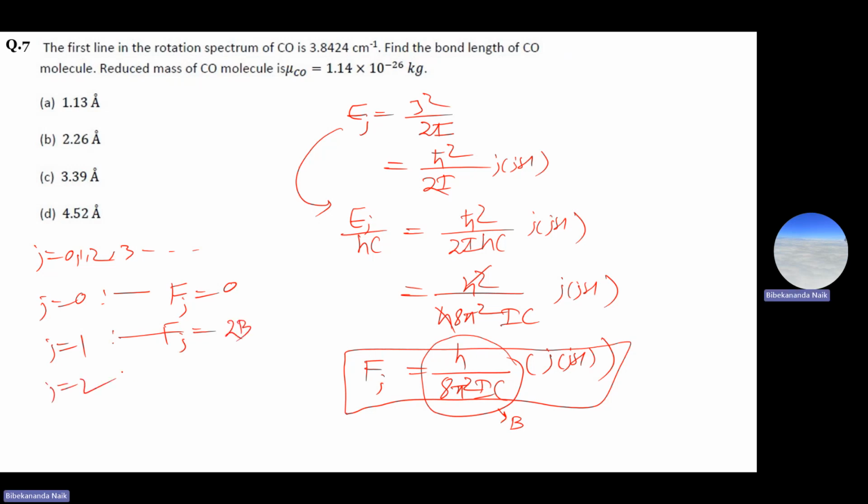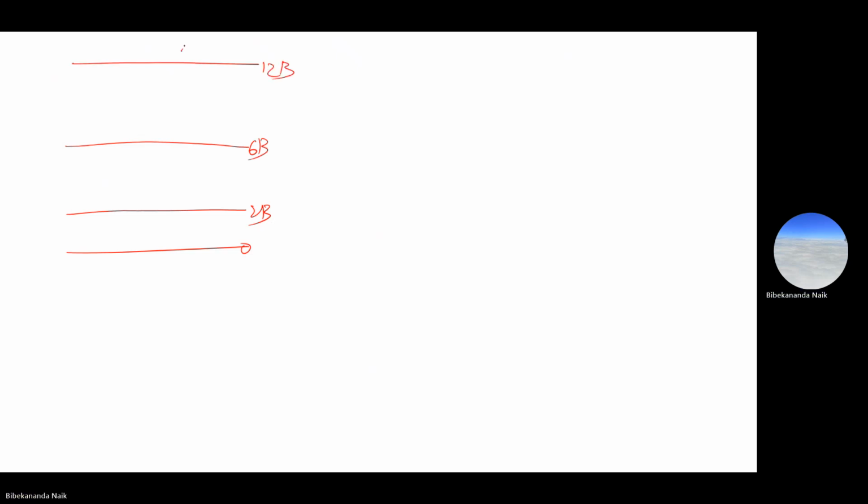For J equal to 2, F_2 will be 2 into 3, 6B. Then J equal to 3, F_3 is 3 into 4, 12B. Now if you draw the energy levels, it will be 0, then 2B, then 6B, then 12B, like this.